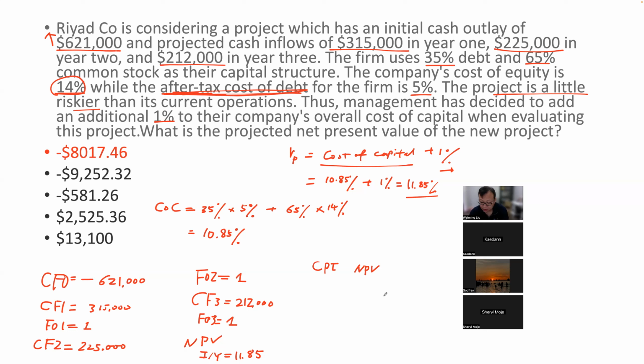F03 is 1. Now I press NPV. What's my I? I is 11.85, enter. Now let's compute NPV. The result is $8,017.46. Is that correct?